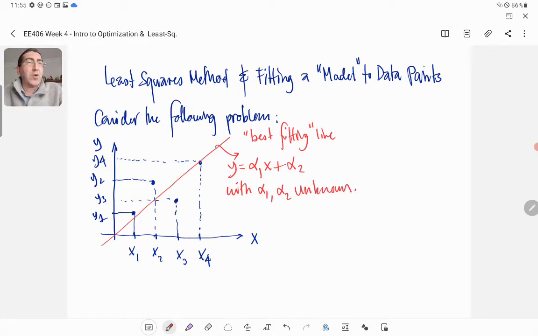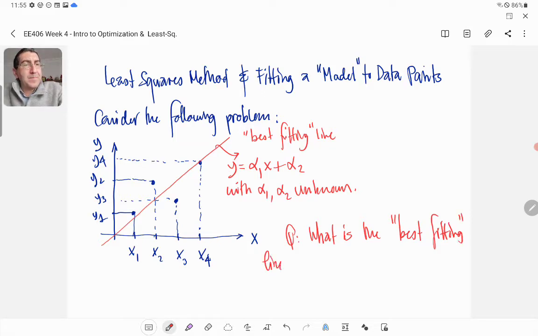Okay, and the question, as I just said, is what is the best fitting line? In general, this is basically an arbitrary function of a number of parameters.